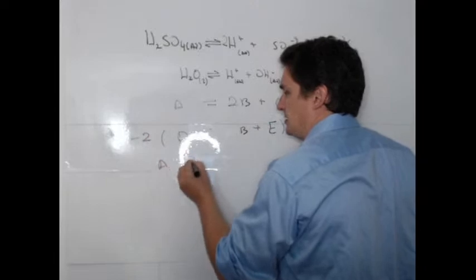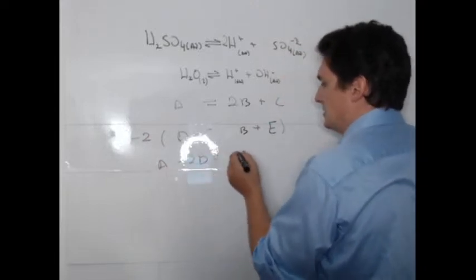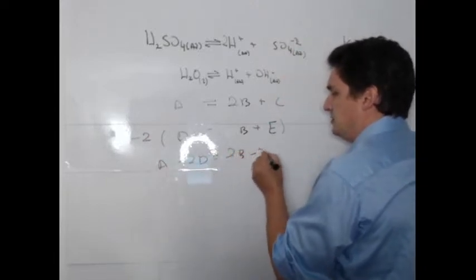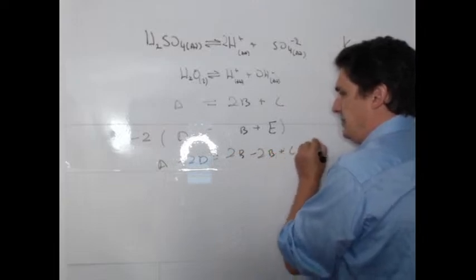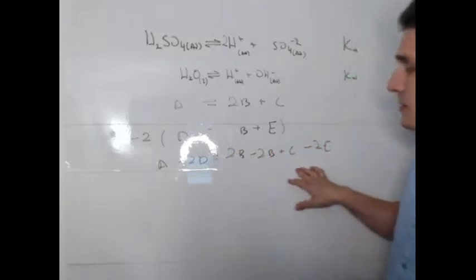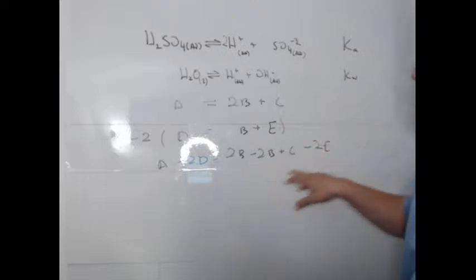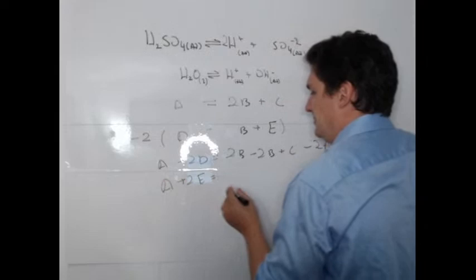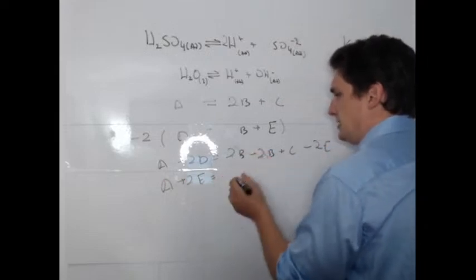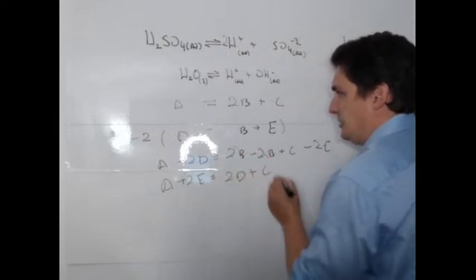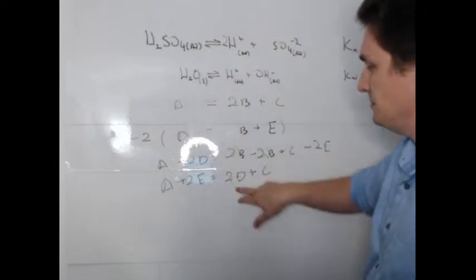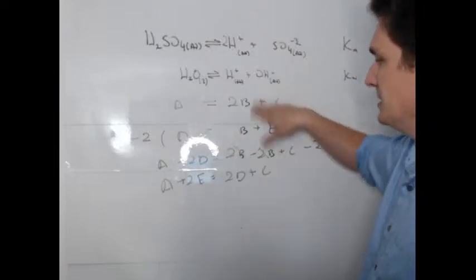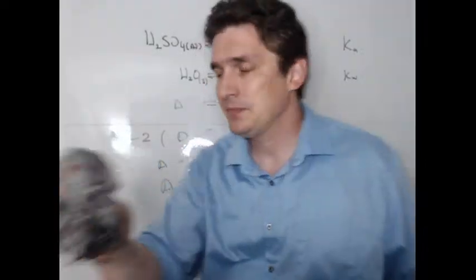So I get A minus 2D equals 2B minus 2B plus C minus 2E, and then the rule here is that everything has to be positive, so I would rearrange it. I bring the 2E over here, so I get A plus 2E equals, 2B's cancel out, 2D plus C. In this case, D is water, so we got two waters, E is hydroxide, and that's how it works.